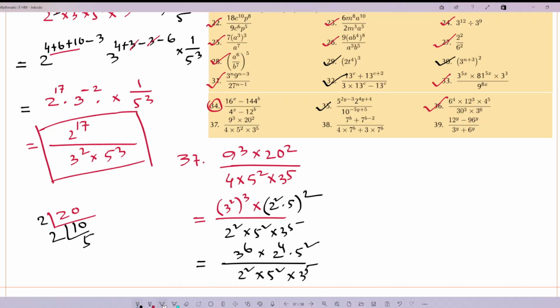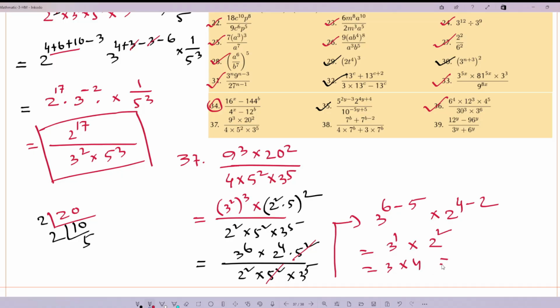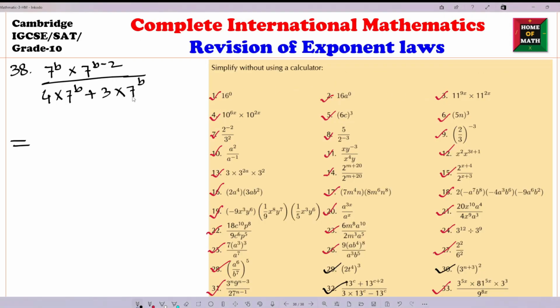Then here 5 square and 5 square cancel out, so we can write like this, 3 to the power 6, and here is divide 3 to the power 5, so 6 minus 5 times 2 to the power 4 divide 2 square, it means 4 minus 2, so 3 to the power 1 and 2 square, 3 times 4, answer is 12. Okay, number 37.